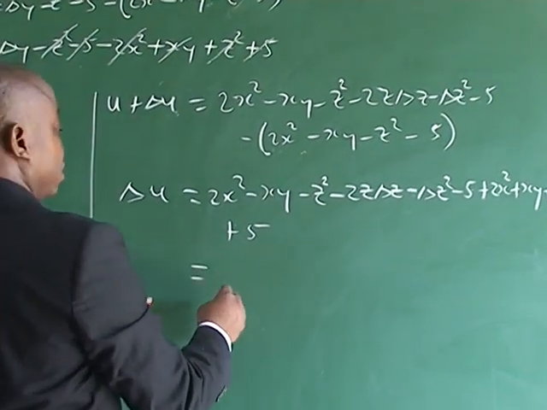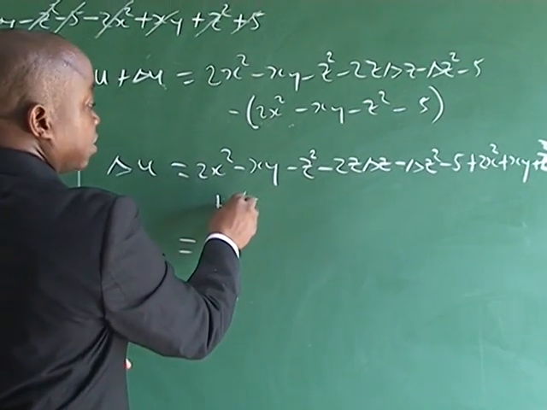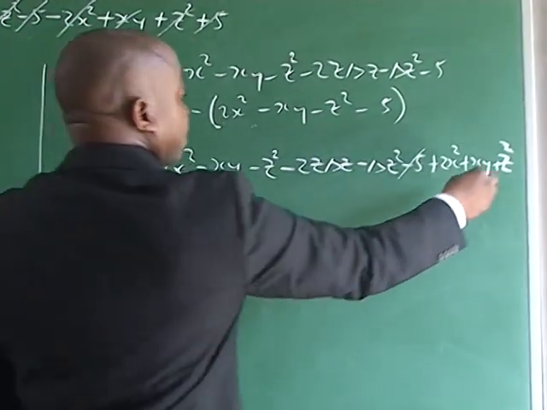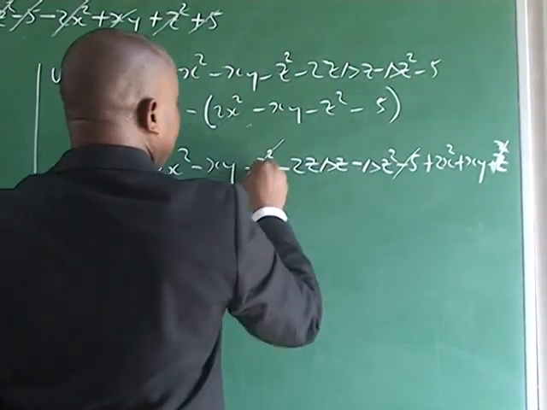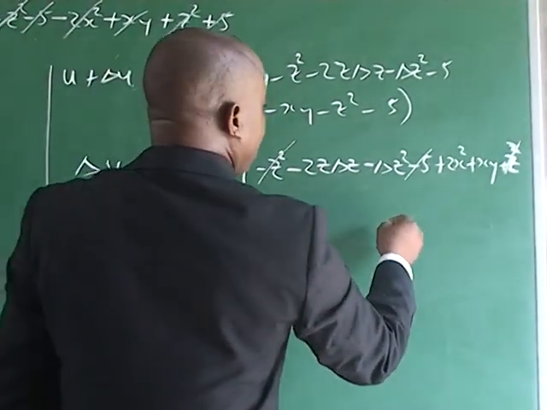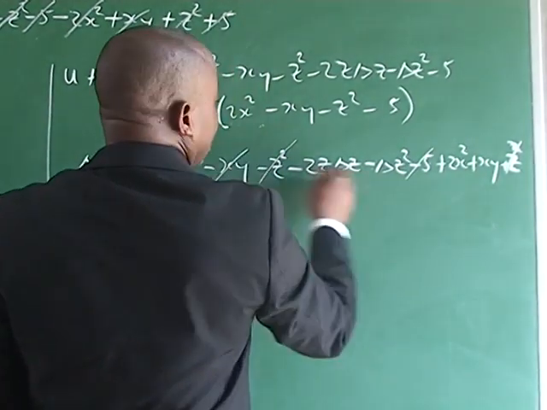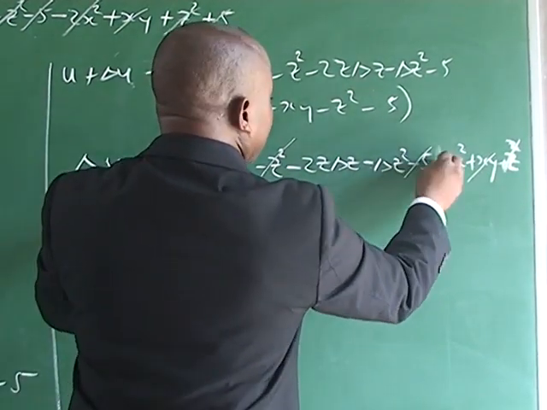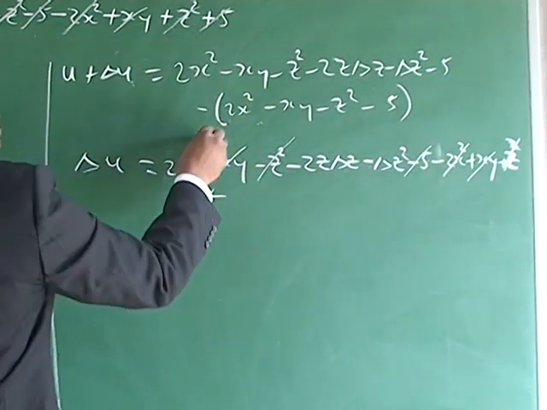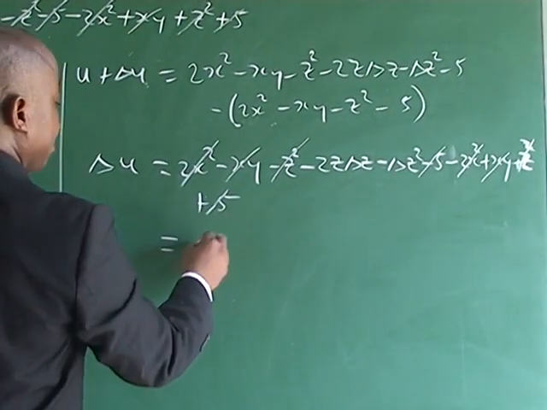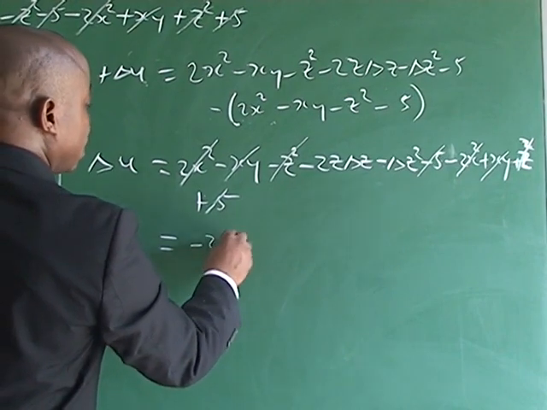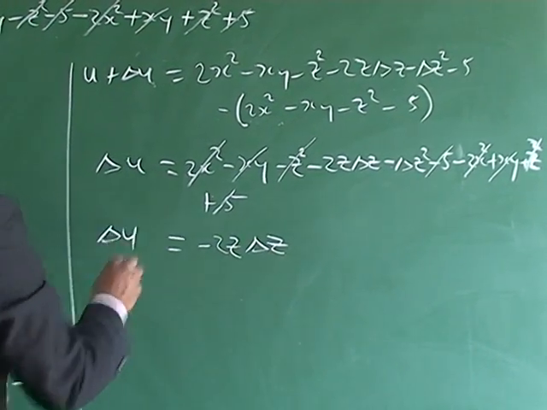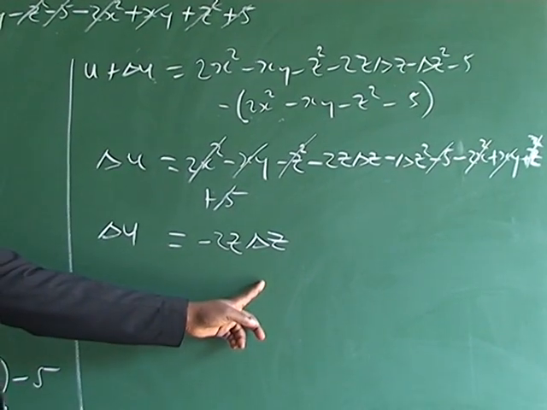That will give us, this can cancel this, and then z squared can cancel this. We also have minus xy can cancel this. But this is minus, so minus 2x squared can cancel this. So the only thing that remains is minus 2z change in z. So change in u is equal to this.